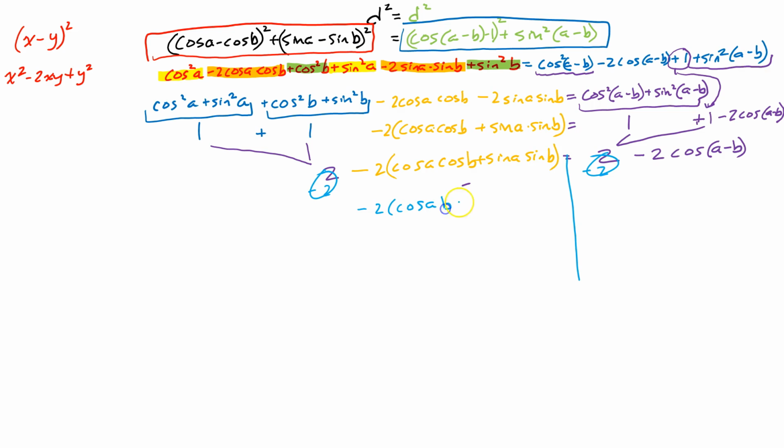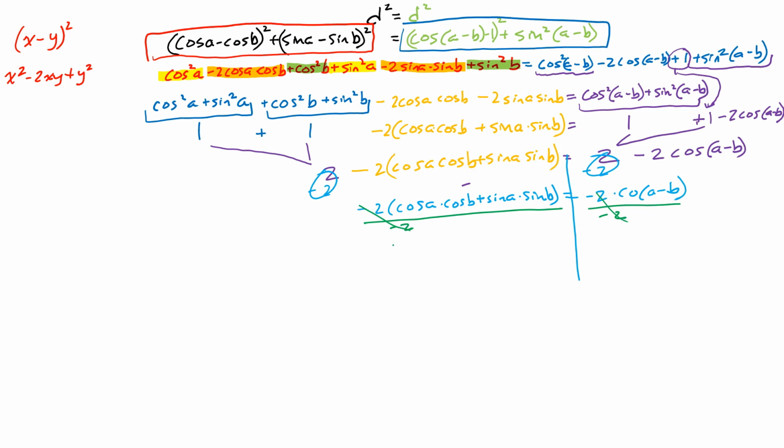cos A times cos B plus sine A times sine B equals negative 2 times cos of A minus B. Well, now I can divide both sides by negative 2. Divide out that negative 2. That cancels, that cancels.